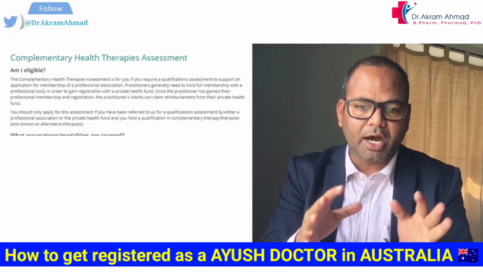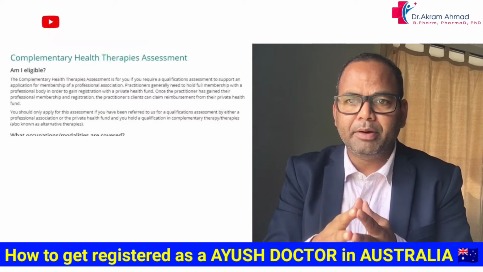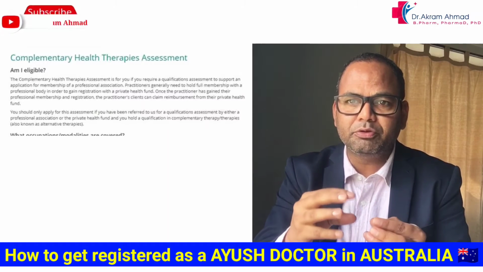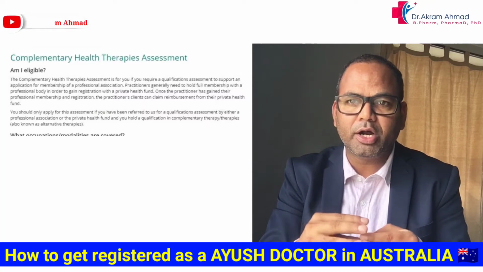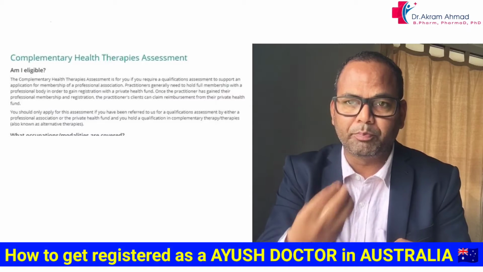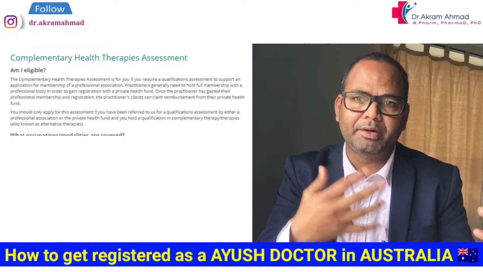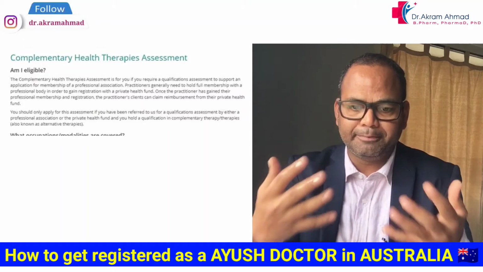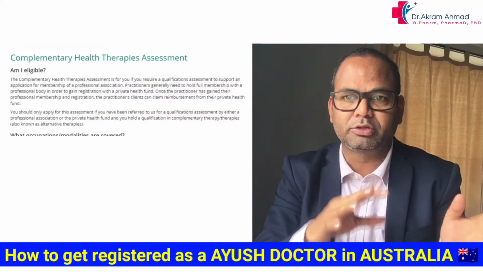But with AYUSH, if you want to practice in Australia, you can practice here, but you have to charge the patient. For example, your fee is $50 or $100. Then the patient has to pay you from his own pocket, or he has health insurance. There is some private health insurance also, so they have to pay through the insurance.